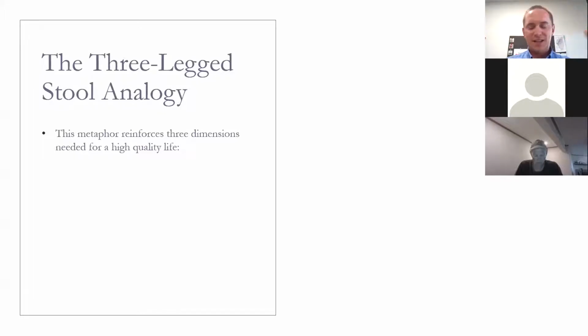So if you had to guess, again, lots of right answers here, what would you say those three legs represent on that stool of sustainable agriculture? Take a minute and chime in there on the chat bar. What do you think the three legs of the stool represent for ag sustainability?